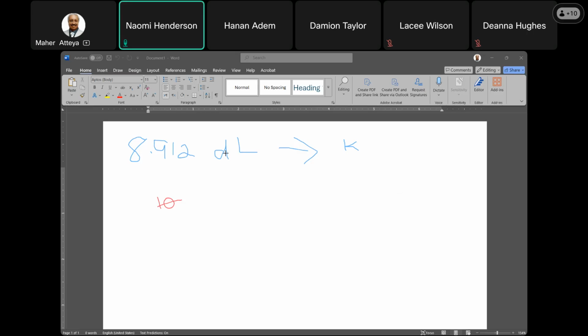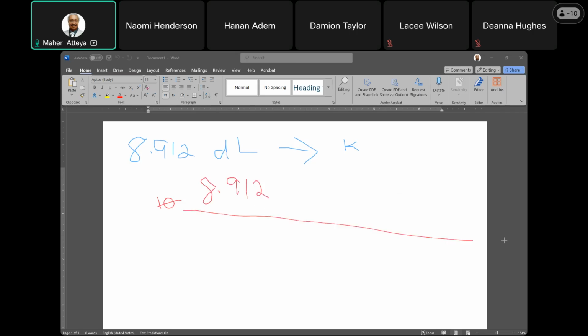Let's do scientific notation. 8.12, I'll use this one here as is, not changed. 10 to the negative 4. And L, correct? L here.